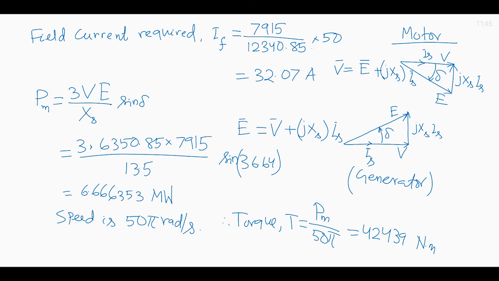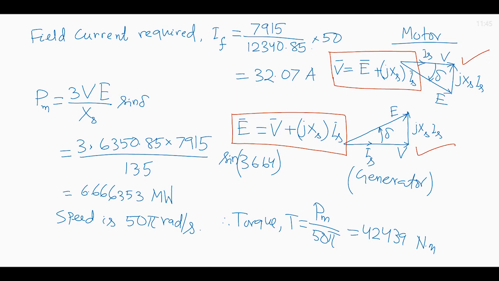So, this is the phasor relationship for generator, and this is the phasor relationship for the motor, and this is the phasor diagram for the motor, this is the phasor diagram for the generator. So, obviously, for generator and motor, the power angle delta will have opposite sign. So, power sign will also change.